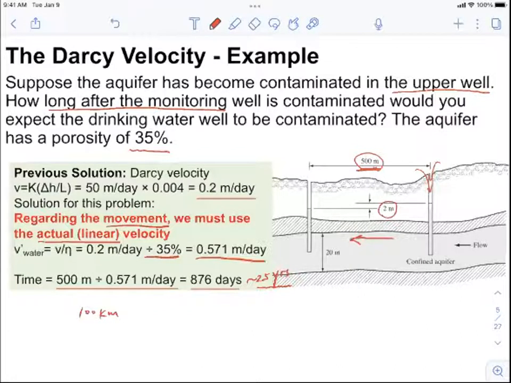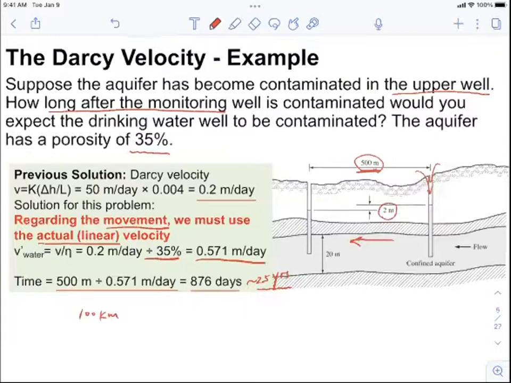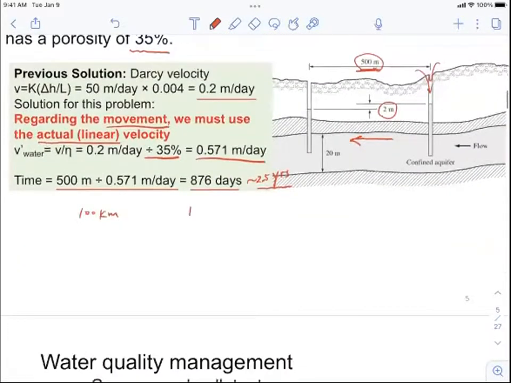We know that 500 meters is taking 2.5 years, then 1 kilometer is taking 5 years, and then 100 kilometers is going to take 500 years for the pollutant to reach Rolla. So basically, this is negligible. While it's being transported, it's also getting diluted, so people will be less concerned about the water quality at a pretty far away distance.